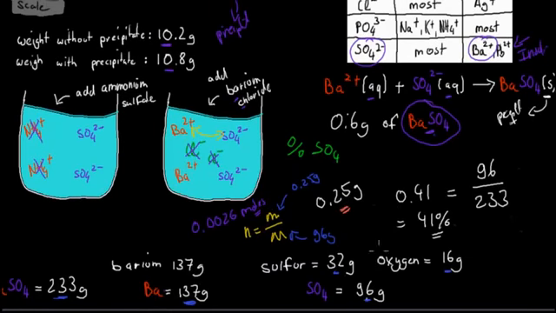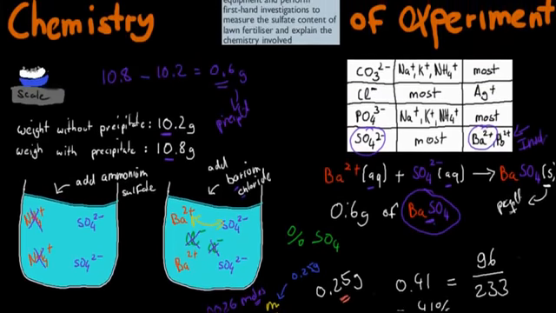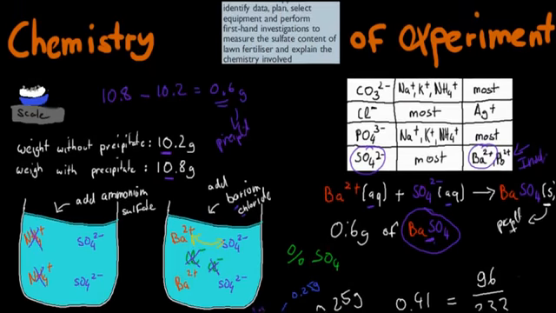And if we figure out the molecular weight, we can figure out the percentage composition. And thereby we can figure out how much weight comes from the actual sulfate. In this case, 0.25 grams with our calculations. And explain the chemistry involved, the other part. We have barium ions and sulfate ions coming together to form barium sulfate, which is a solid precipitate. And a solid precipitate, in this case, weighs 0.6 grams. And again, we can use that information to calculate the rest.